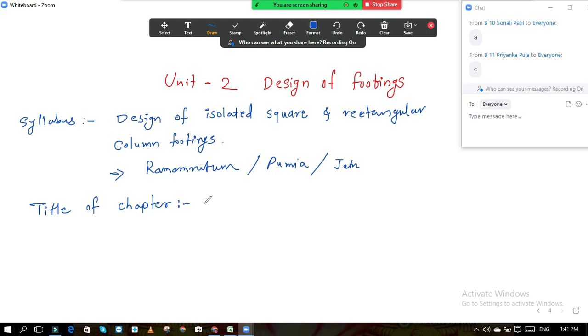A structural member which transfers the load from column to ground is nothing but a footing. Footing is the base of any structure of civil engineering. Therefore, the design of footing takes prime importance in the design of the structure.